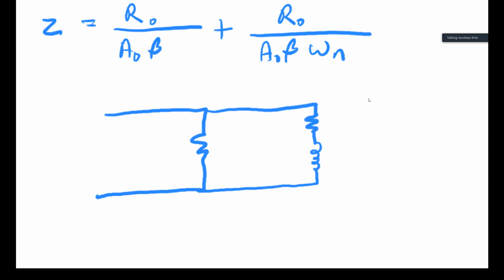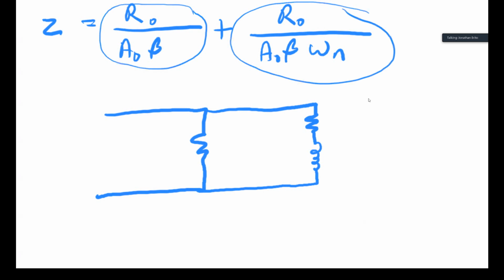And can you explain how you made the jump from Y of F to Z again? I'm sorry? Can you explain again how you went from Y of F to Z? Just by, that's just algebraic manipulation to make it into a real part and an imaginary part.